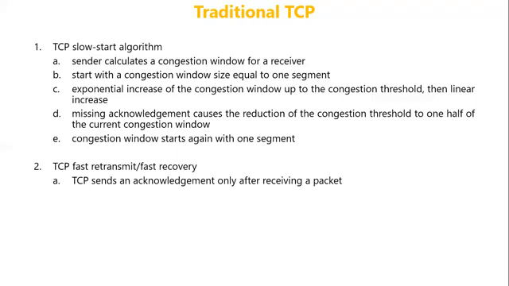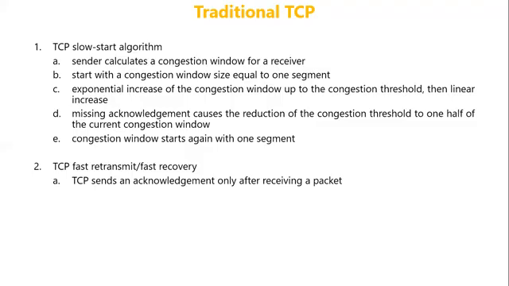If the current congestion window is 24, then it will set the congestion threshold as 12. If the current congestion window is 1024, then it will set the threshold as 512. The threshold will be half of the current congestion window.